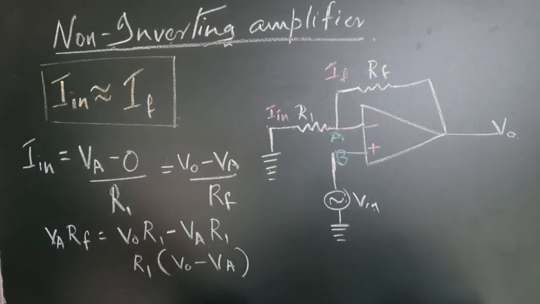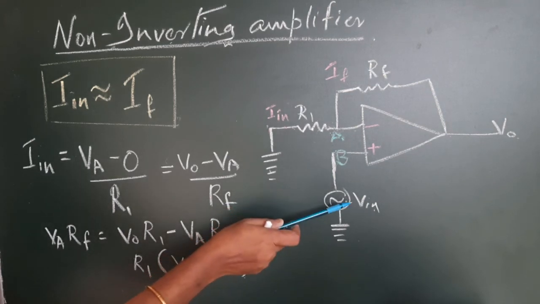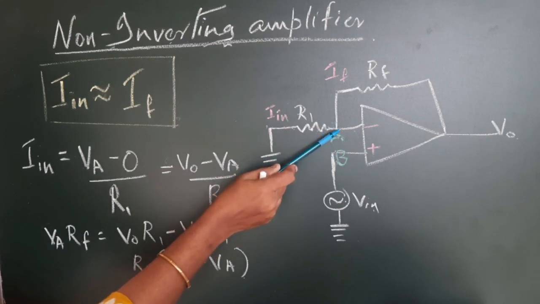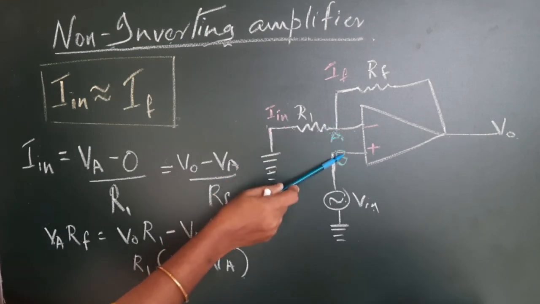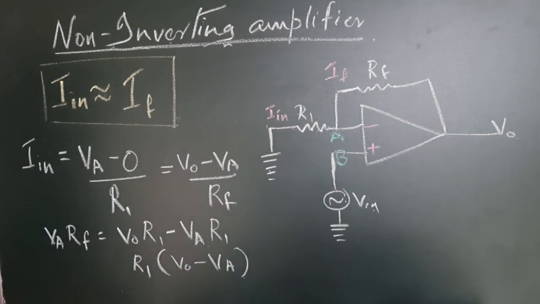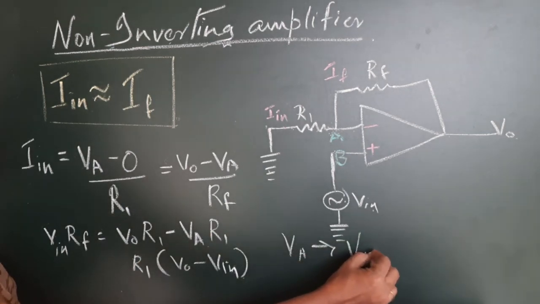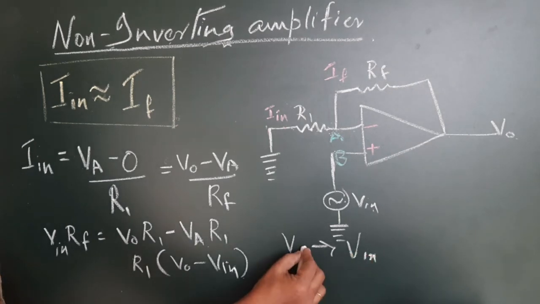At this point we can substitute V in for VA. We have got the justification that this potential V in will be the same potential at this point because A and B are at the same potential. So I will replace this VA with V in, because VA is nothing but V in by the concept of virtual ground.